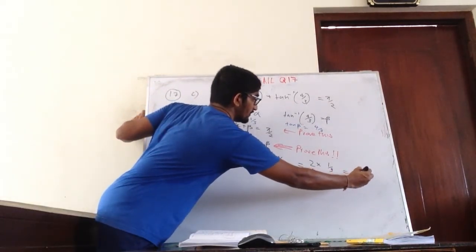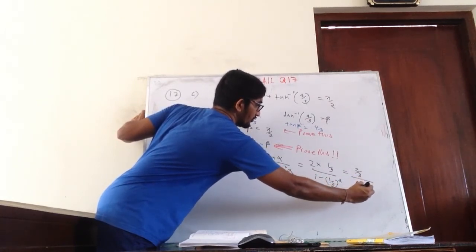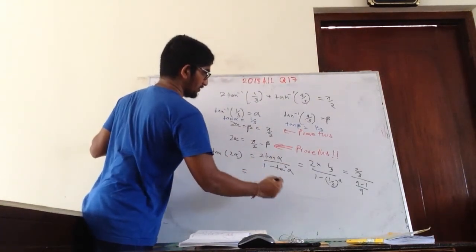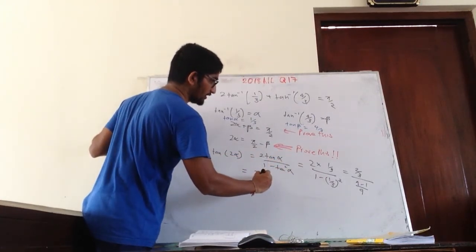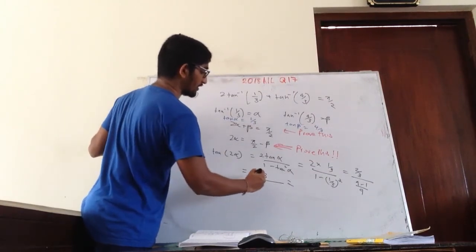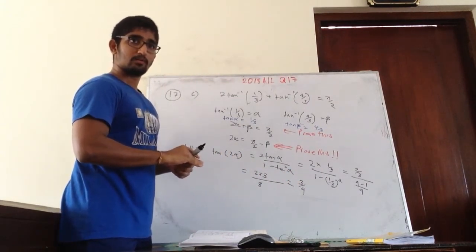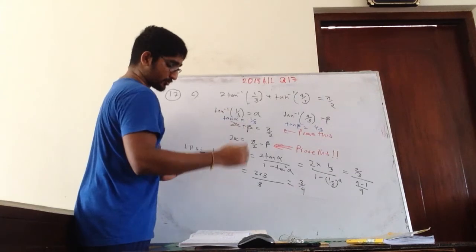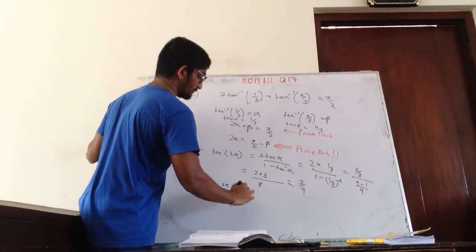So here the numerator is going to be 2 over 3. The denominator is going to be 9 minus 1 over 9. If I take a common factor of 9, this will be 2 into 3 over 8. So then I will get 3 over 4. So I'll get tan 2 alpha as 3 over 4.